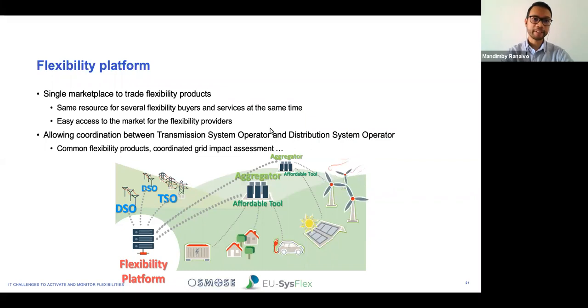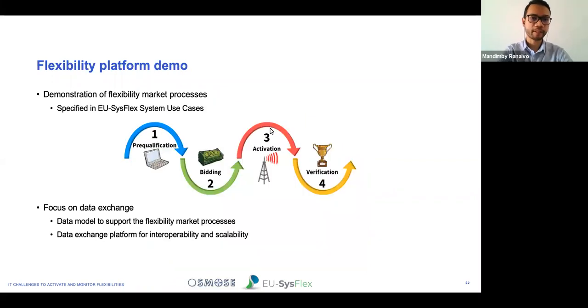Regarding the demo, we have demonstrated some flexibility market processes. Those processes were first described within the system use cases developed by other tasks in EU-SysFlex.